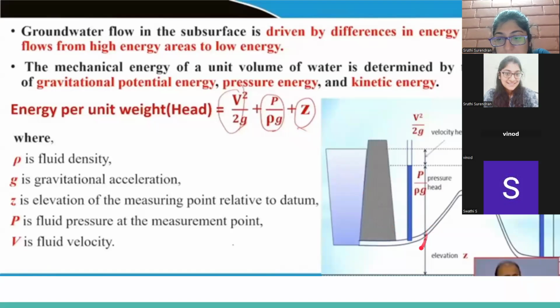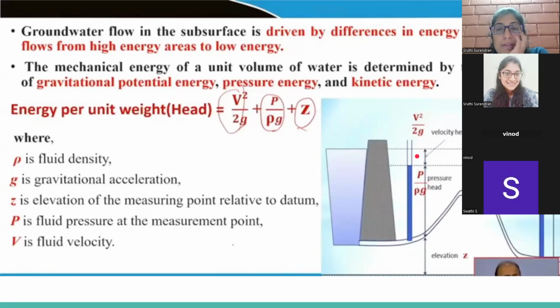So if you see in this diagram, the energy possessed as a result of water being at a height of z from the mean sea level or from this datum is what is called the elevation head or the potential energy, gravitational potential energy. Then this is the amount of energy that is possessed by water as a result of the pressure exerted by water, as a result of its density, and as a result of its gravity.